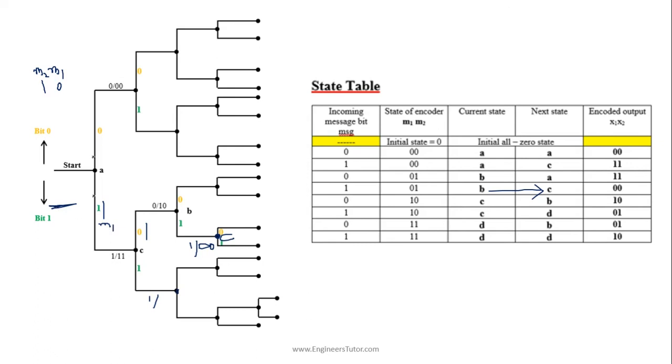So this will be 1 0, and the incoming bit is 1, so 1 1 0. The state changes from C to D. Already in the state C, it will change from C to D, and the output is 0 1. This way we fill the remaining nodes as well as the output of the encoder for possible incoming message bits.